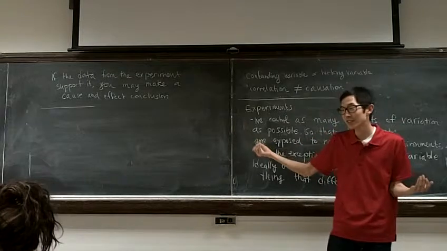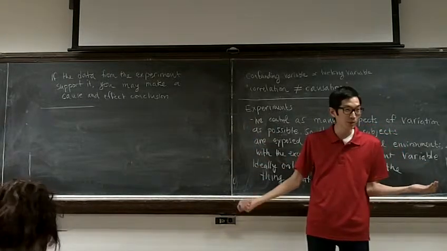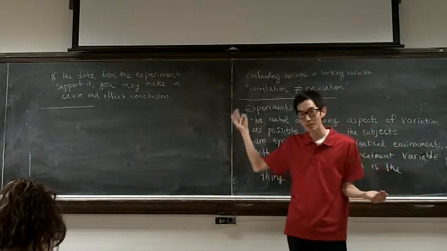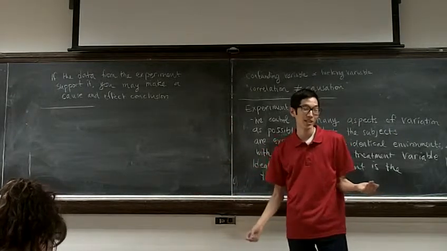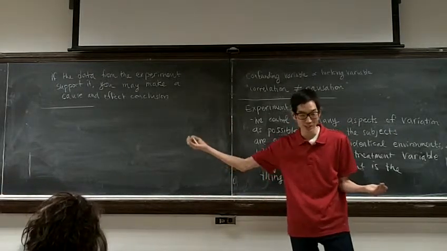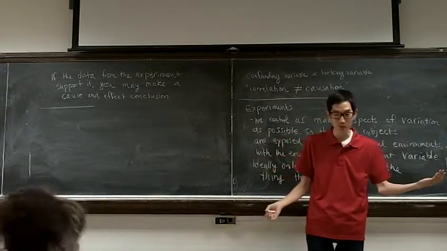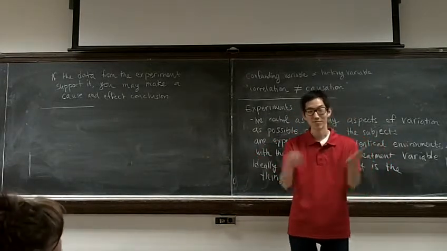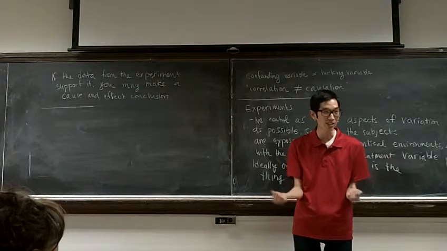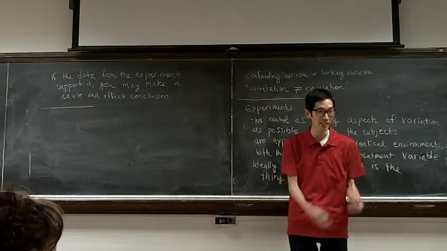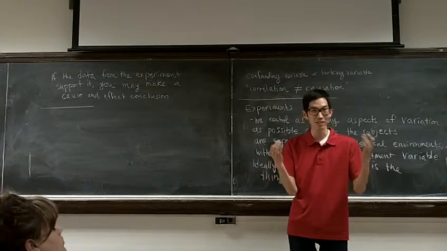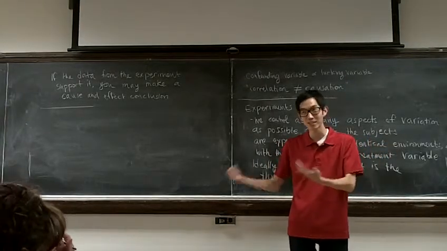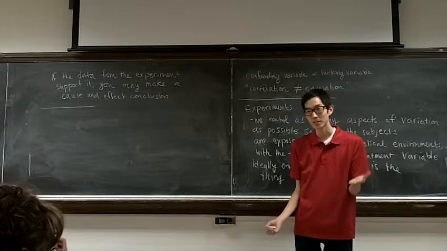But we can observe a bunch of people and say that all these people who are exposed to the sun for long amounts of time, their rate of skin cancer was a lot higher than these people. So we think there's a connection there. There might be a lot of evidence that says there's probably some kind of connection, but to conclusively say this is the cause and this is exactly what's going on, that's a lot more difficult.